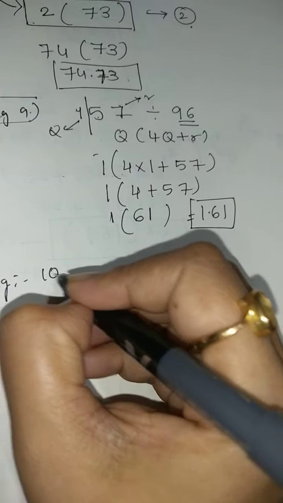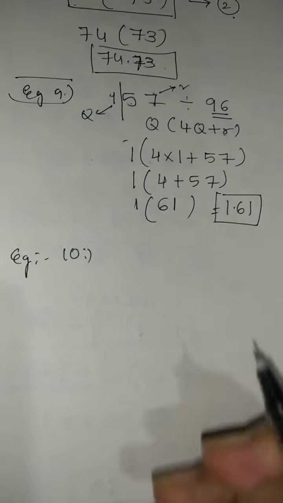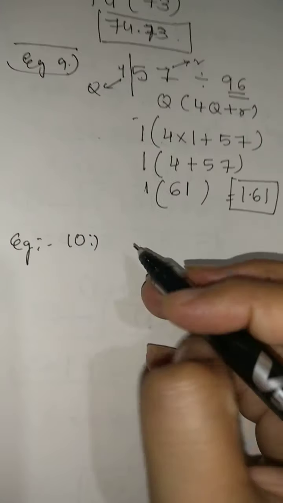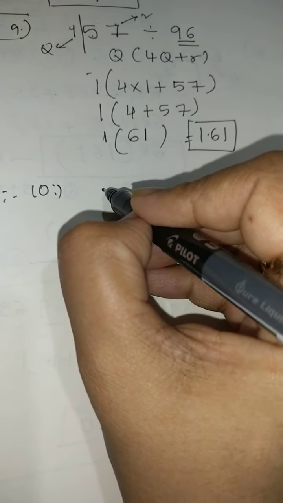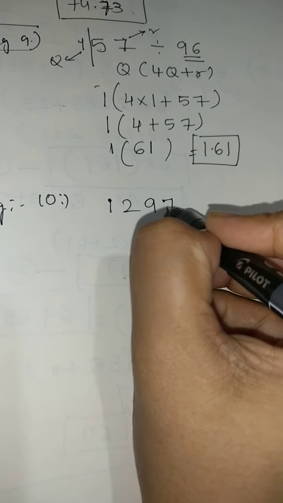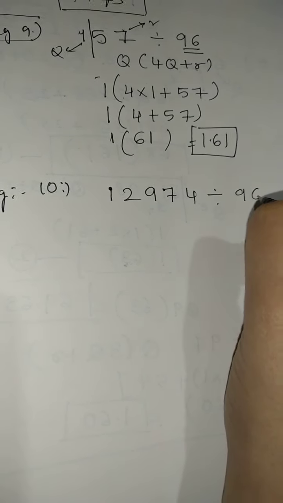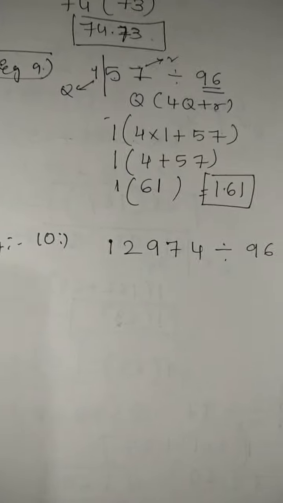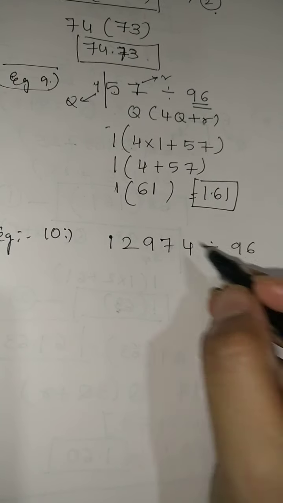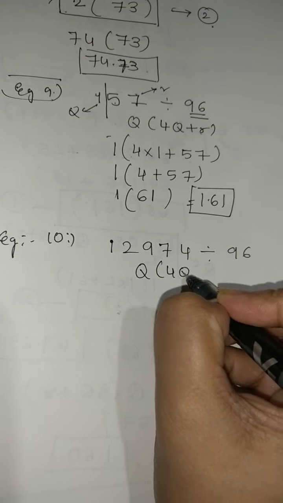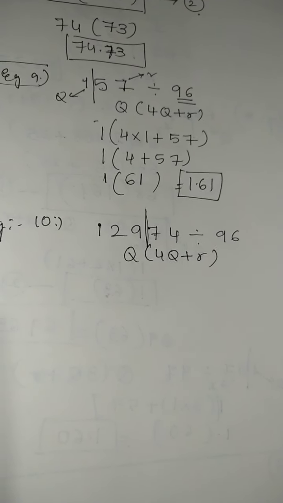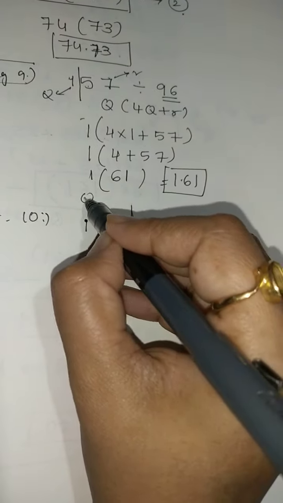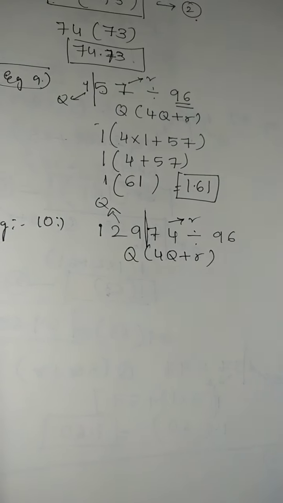Now let's take a bigger example, like a really bigger example. Example number 10, so you all will have an idea. I'll get multiple answers this time. 12974 divided by 96. Same, q, 4q plus r, and the split between the tens and hundreds. So now your q is 129 and 74 is your small r.